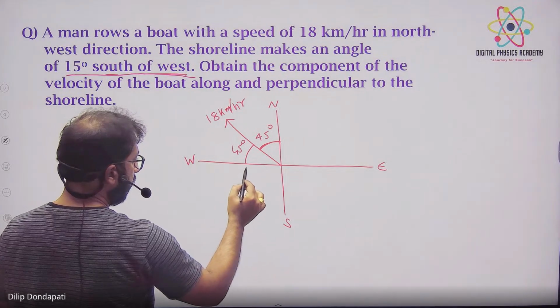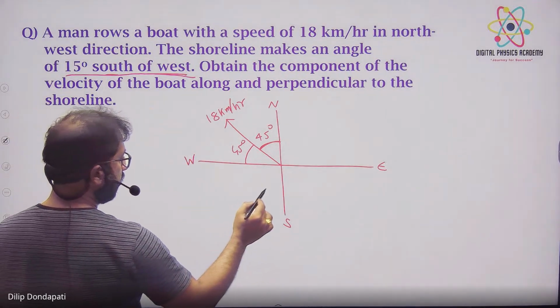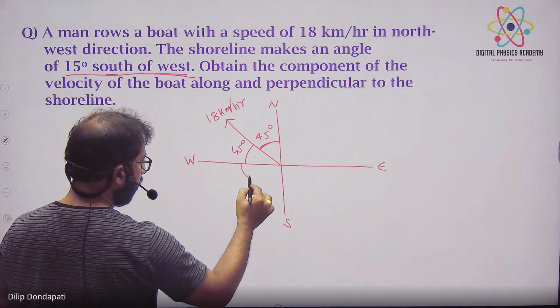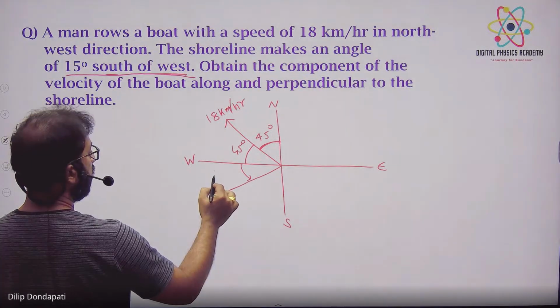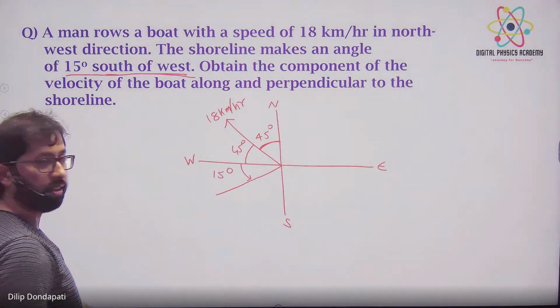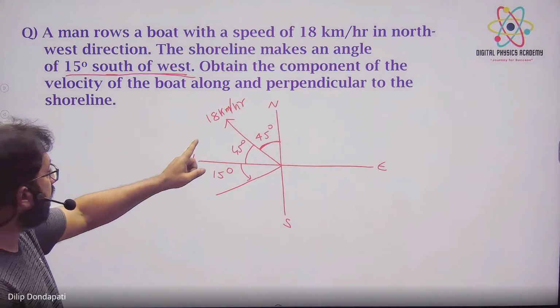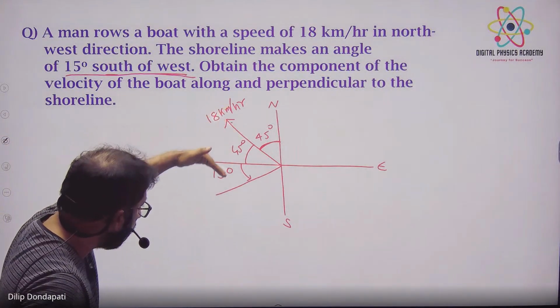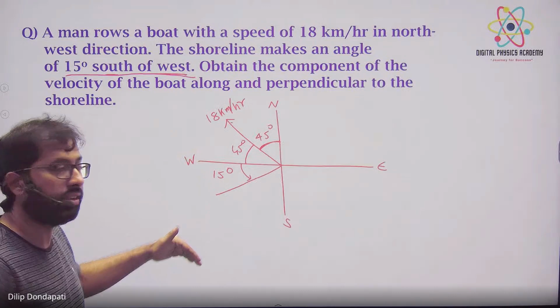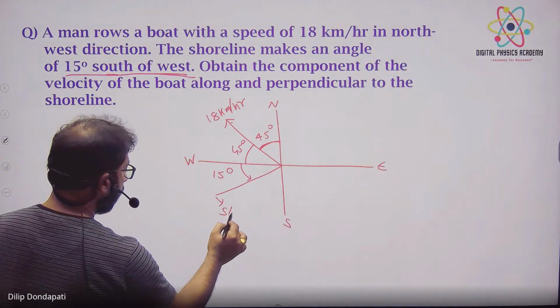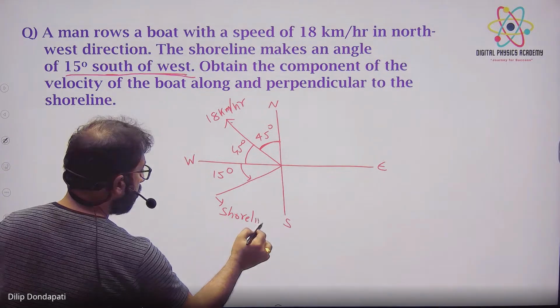So south of west, the angle is from west. This is the shoreline. How much is this angle? 15 degrees. Right? Did you understand? South of west. I want the component of the boat's velocity along the shoreline and perpendicular to the shoreline. Along the shoreline means along this line. How much is the angle between the boat's direction and the shoreline?